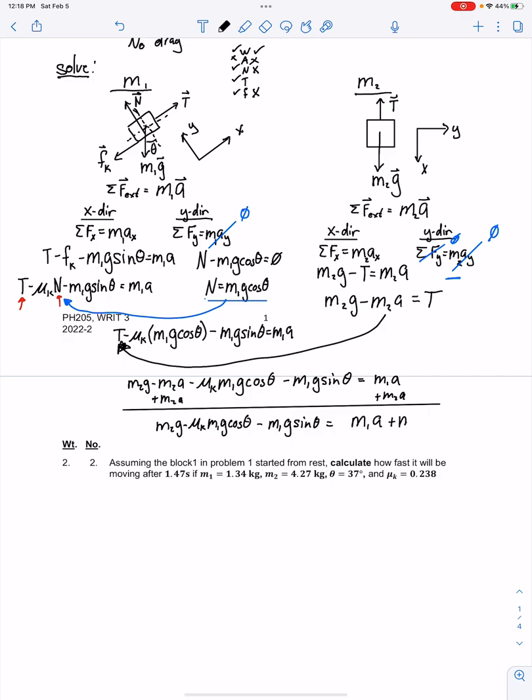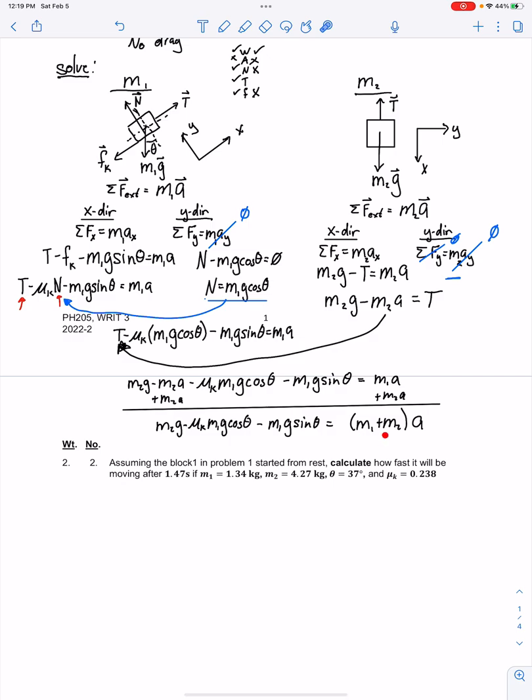plus m2a. And we can look at this as there's been the distributive property. The a's been distributed throughout, so we're going to undo that distributive property and rewrite this as m1 plus m2 times a, right? Where the a had been distributed and been multiplied by each. So this is the same thing.